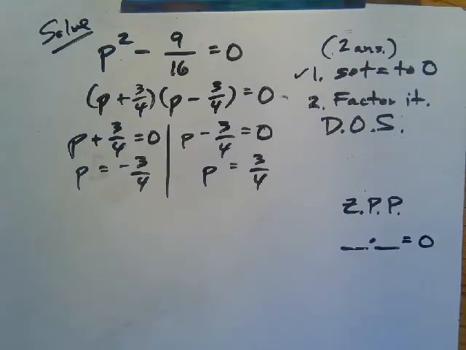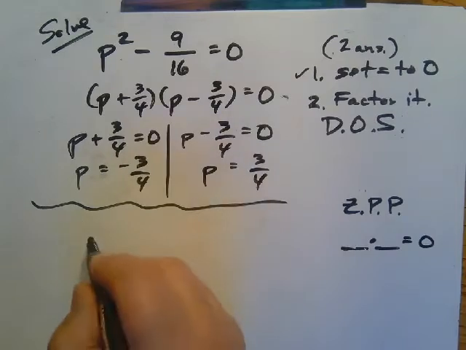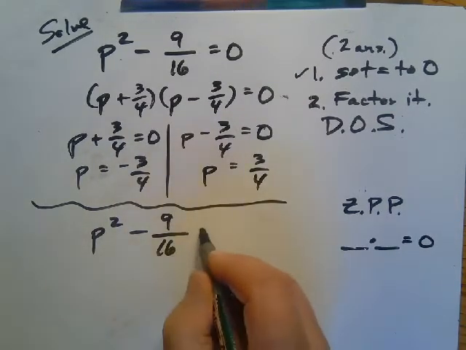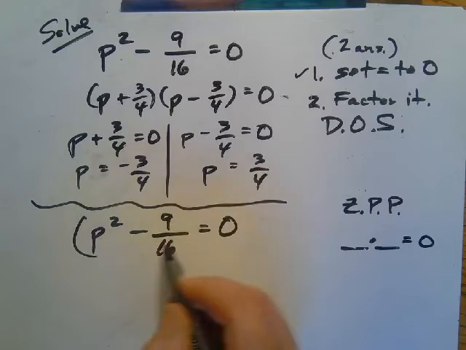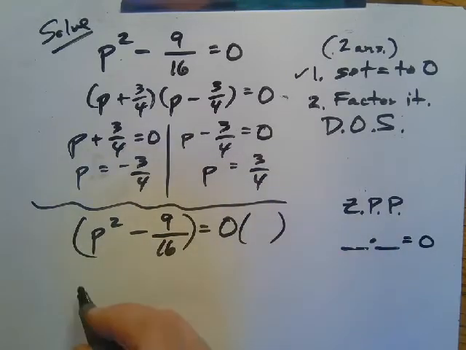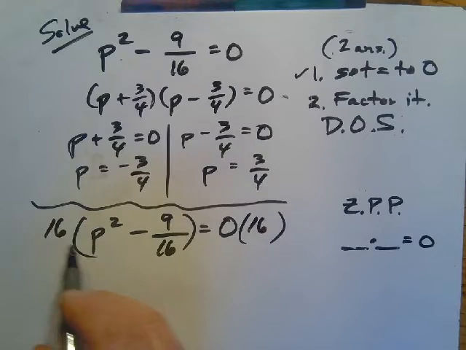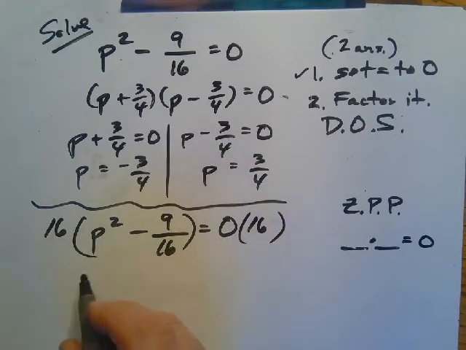Now this is probably the easiest way to solve this. I actually could have solved this by getting rid of all the fractions at the beginning. I'm not going to solve it that way right now, but I'm just going to show you how I could have done it. I could have multiplied both sides of this equation by some number, in this case the common denominator of 16, and I would have ended up getting rid of this fraction.